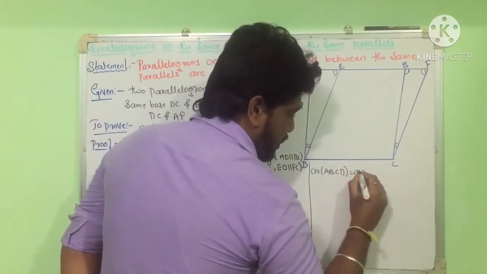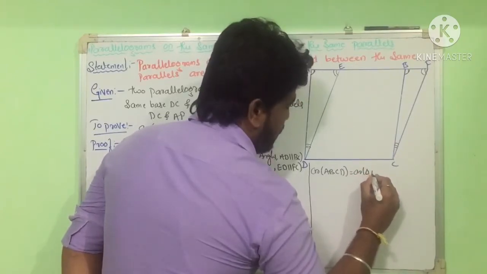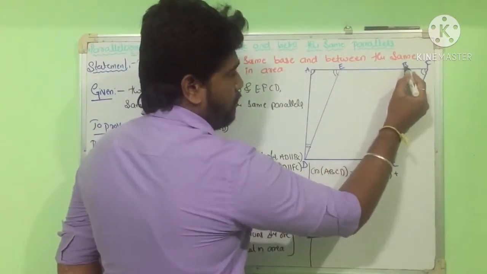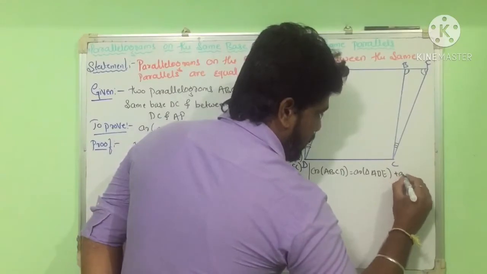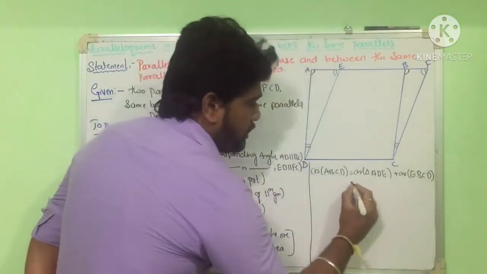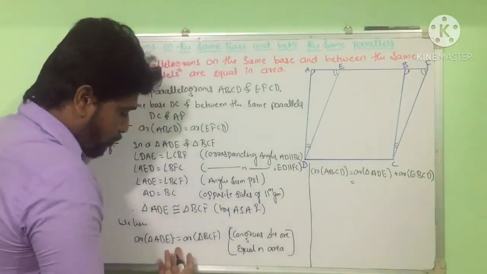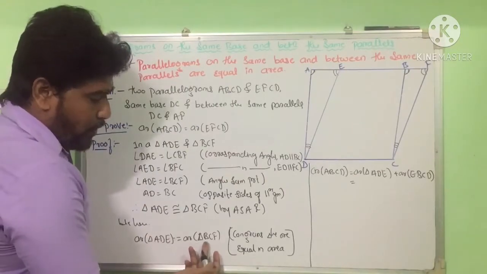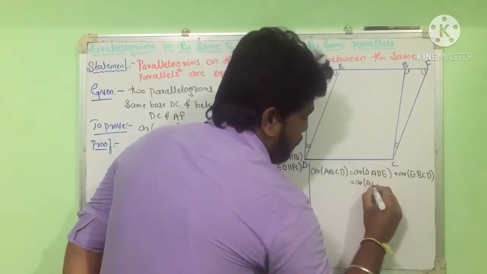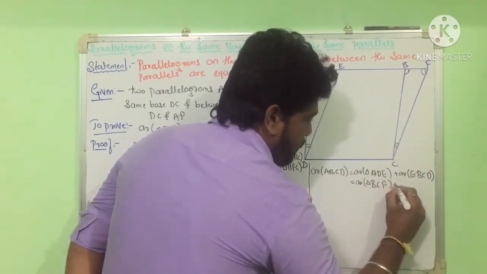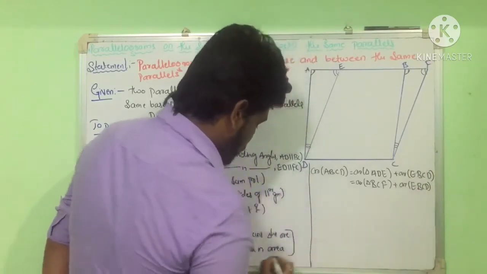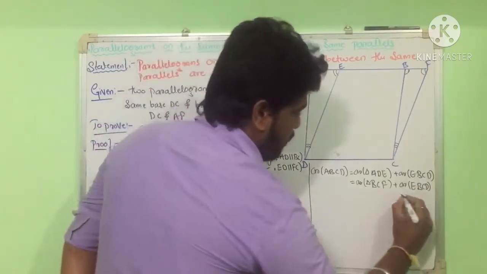So write down: area of triangle ADE plus area of EBCD, right? And now we already proved that the area of triangle ADE is equal to that of BCF. So instead of ADE we can write area of triangle BCF plus area of EBCD as it is. Call this equation 1.